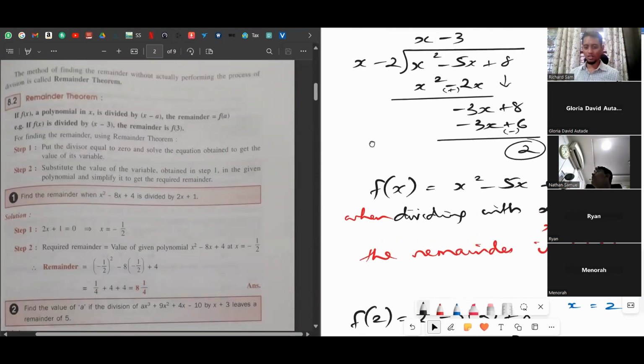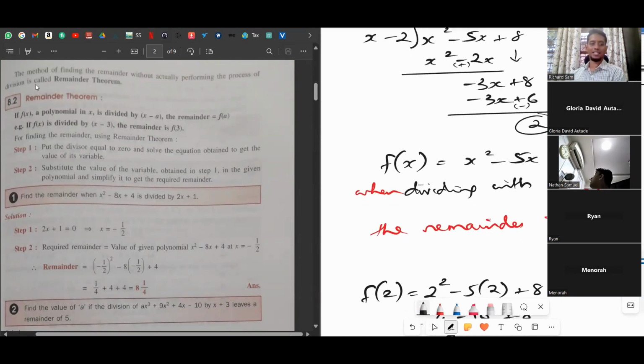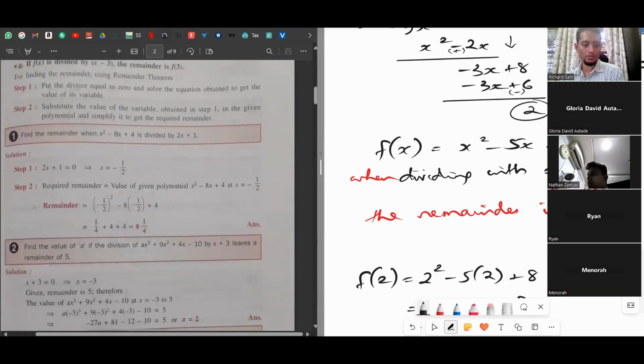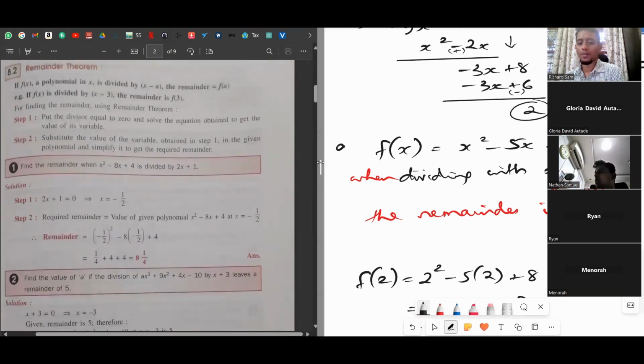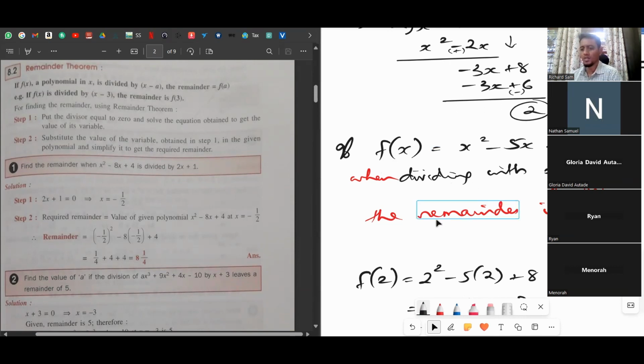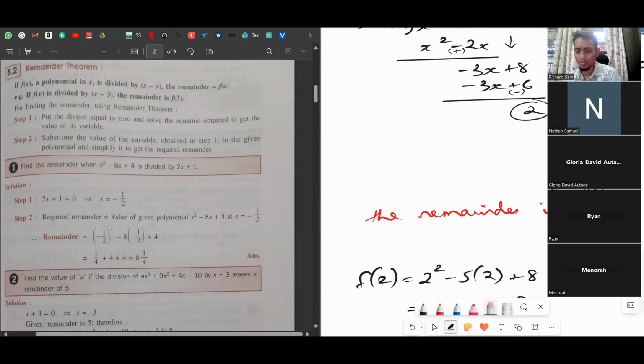Yes, you have to write the remainder theorem for every question in this chapter. How do you write the remainder theorem? First, you have to write like this.